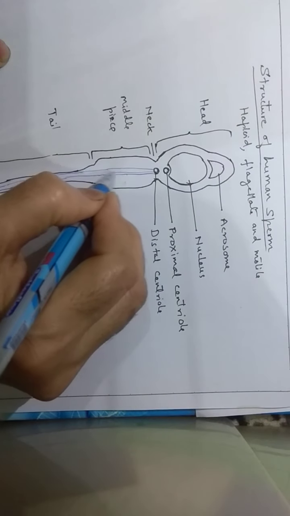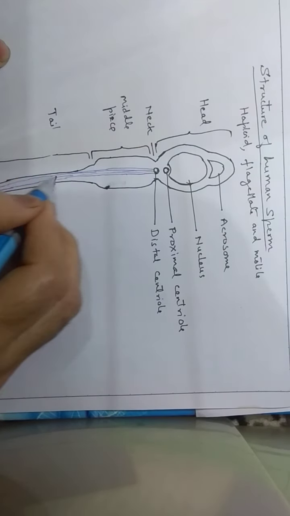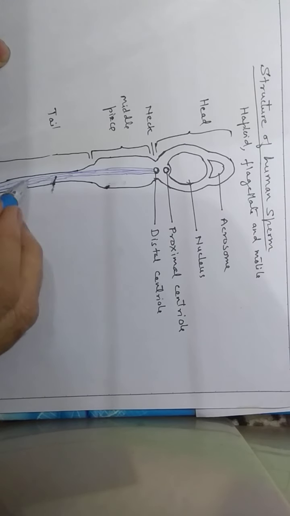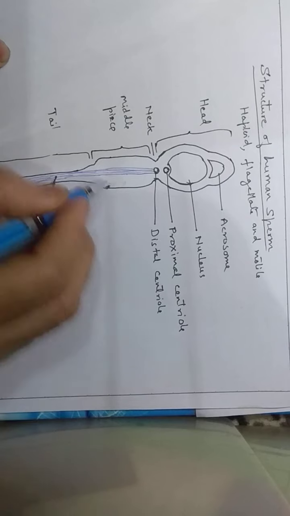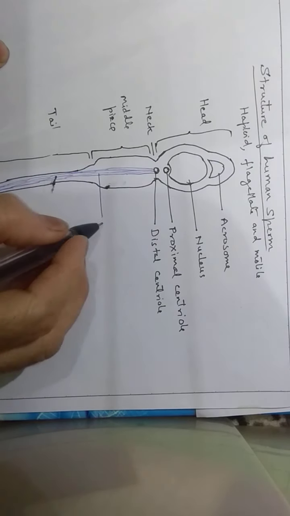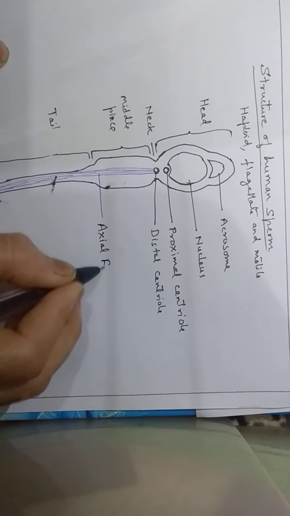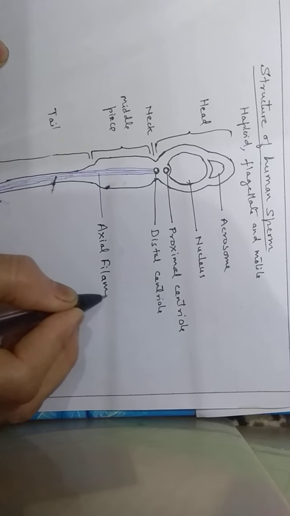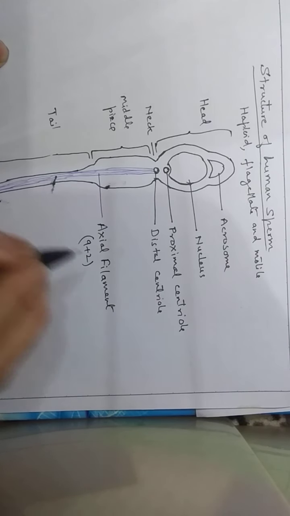This axial filament is made up of microtubules and has a 9+2 arrangement, as flagella have.